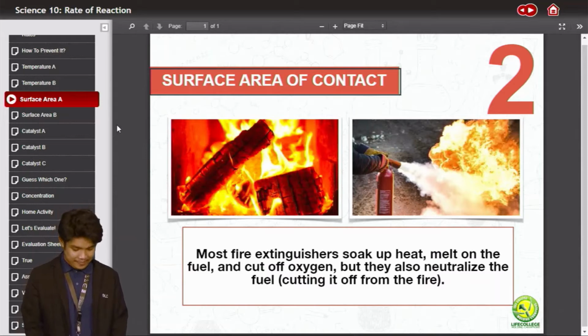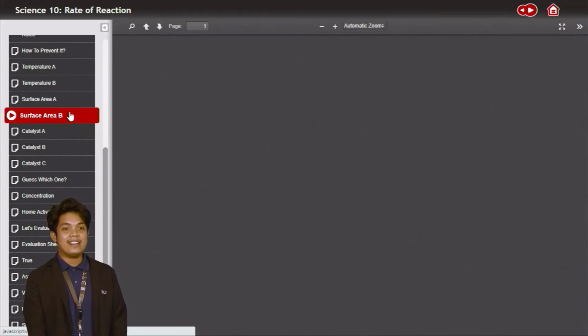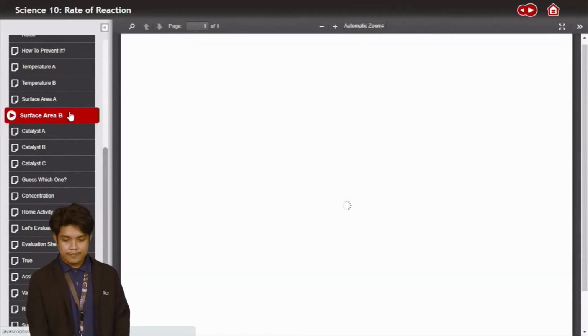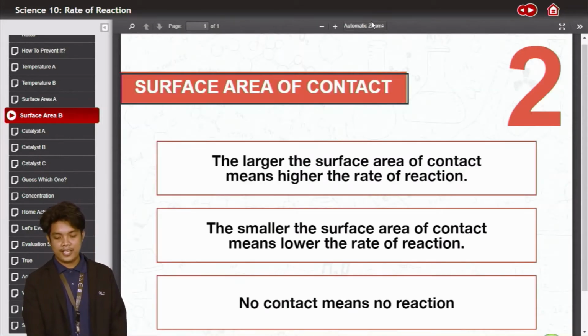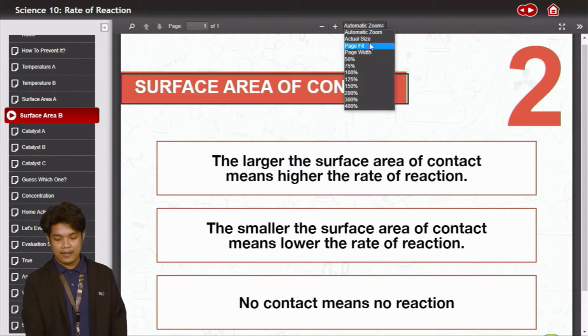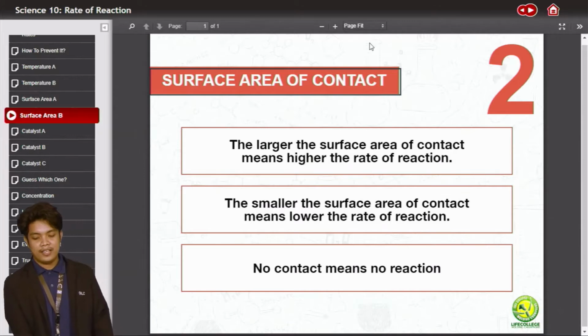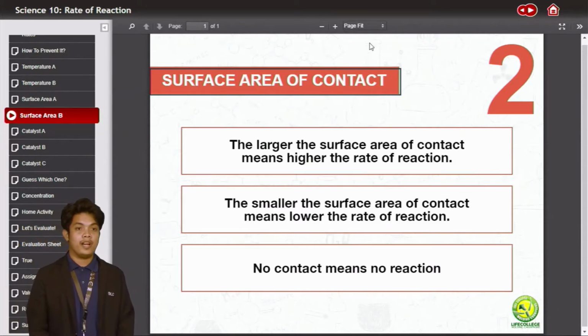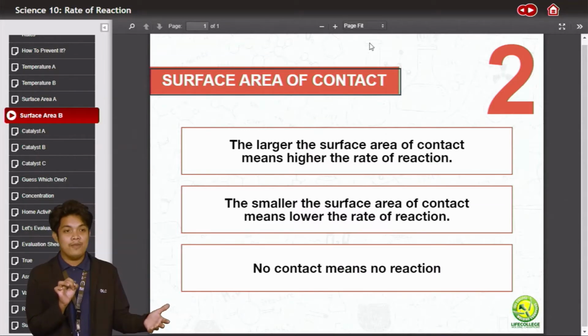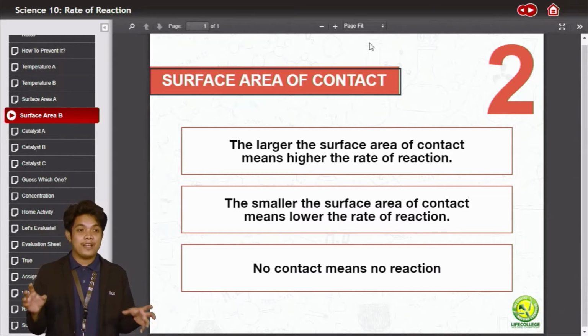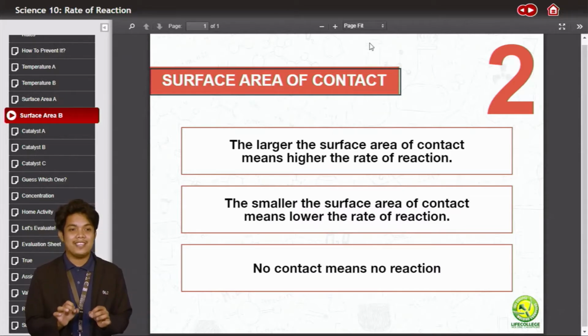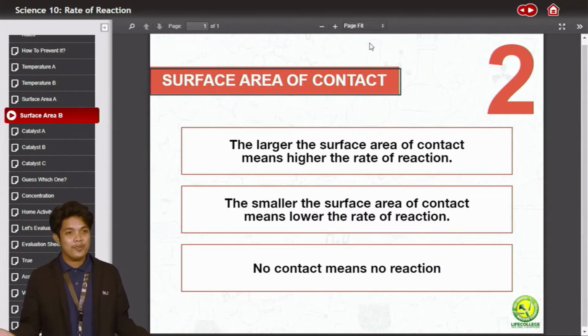So, thus, we can say that the larger the surface area of contact means the higher the rate of reaction. Whereas the smaller the surface area of contact, the lower the rate of reaction. And if there's no contact between the reactants, therefore, there is no reaction.